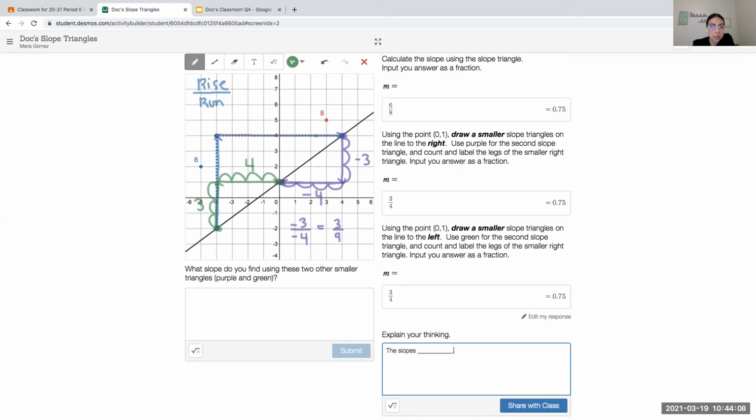So I'll give you guys a couple of seconds there. See if you can come up with the sentence that explains what is going on here with our slopes. Good job, Melanie.